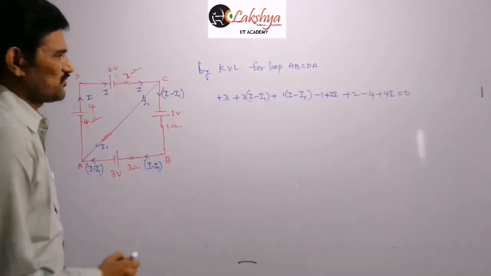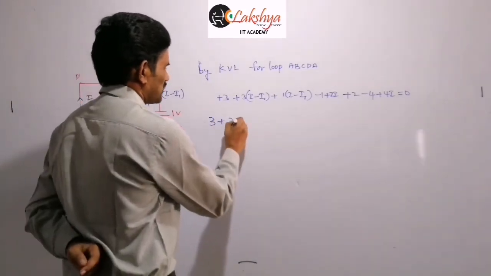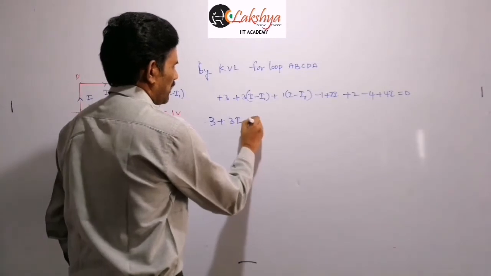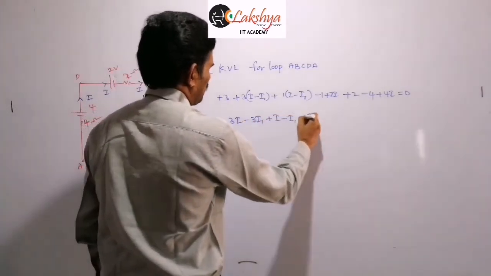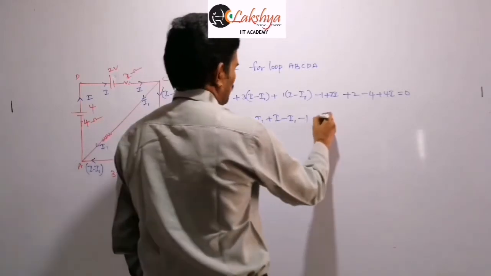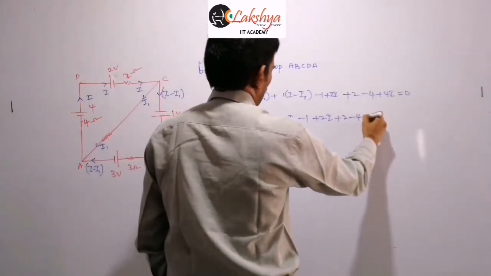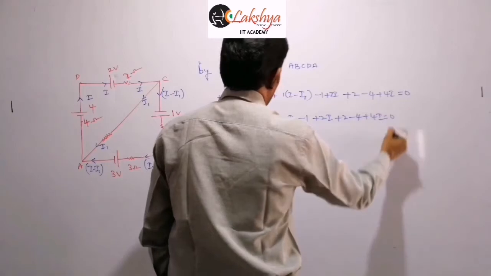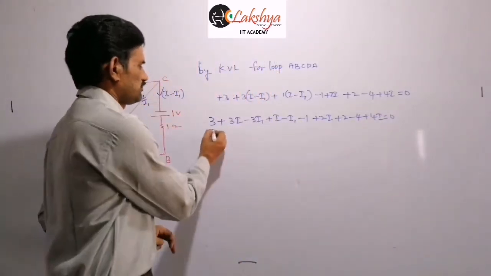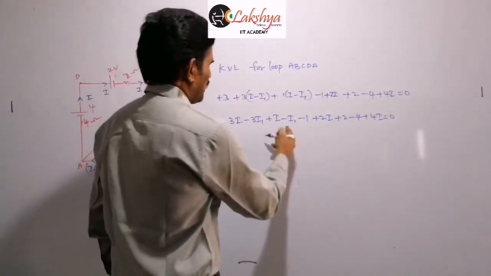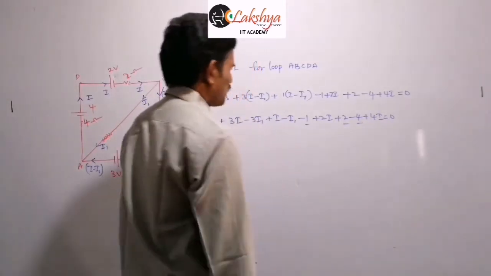And now let us simplify here. 3 plus 3I minus 3I1 plus I minus I1 minus 1 plus 2I plus 2 minus 4 plus 4I is equal to 0. First let us see the constants here. This 3, and next here 1 minus 1, and this is 2, and this is minus 4.